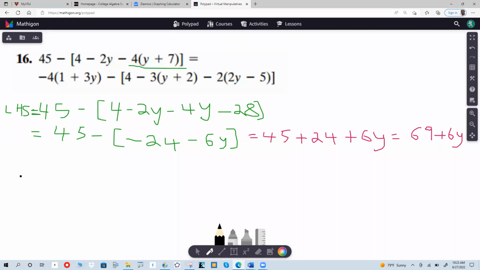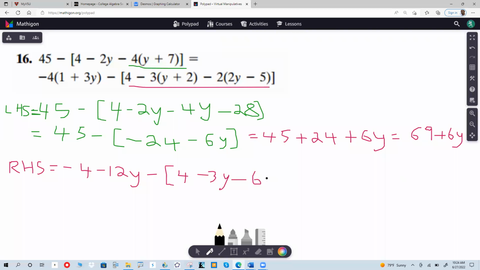Okay, I'm going to start with the right-hand side, this long, ugly side. I'm going to distribute negative 4 over. And I'm going to work on this guy now, okay? Negative 3 times y is negative 3y.